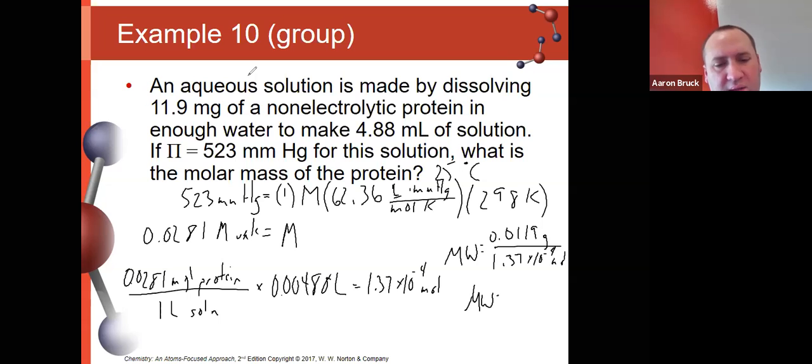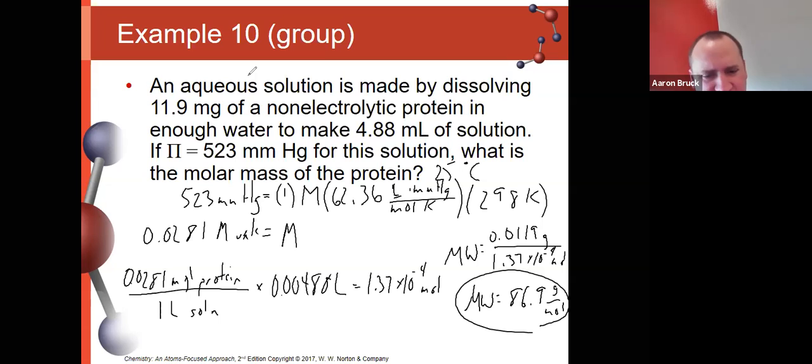My molecular weight would be 86.9 grams per mole, which is really, really small for a protein. But nonetheless, this is what the data are telling us. We would probably want to look at this and maybe remeasure some things given what our data are telling us here.